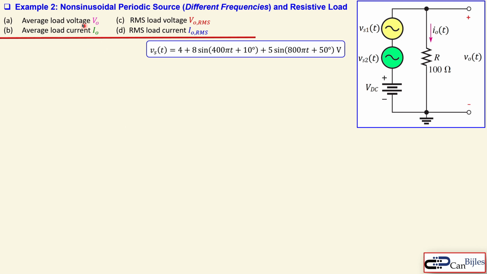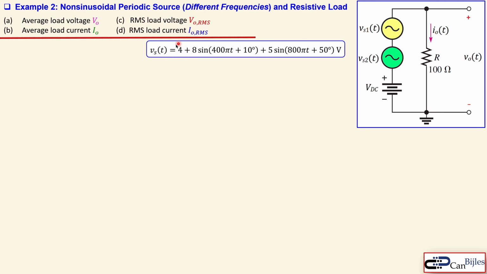You see now here that we have a non-sinusoidal periodic source with different frequencies, and still we have a resistive load of 100 ohm. Again, we will ask the same 4 questions, but now let's look at the source expression.